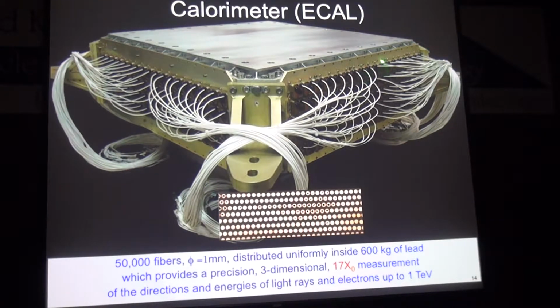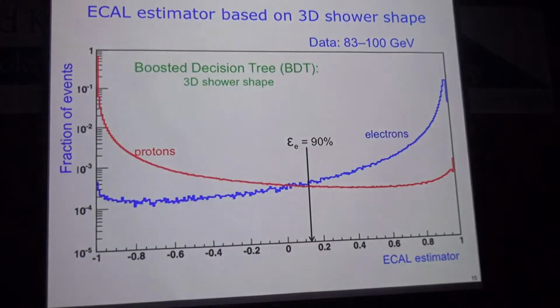This is a picture of the calorimeter. It's built from lead and scintillating fiber stacks, and it has a total of 17 radiation lengths. Again, we can build an estimator based on the shower shape, and here we show the result for electron and proton.